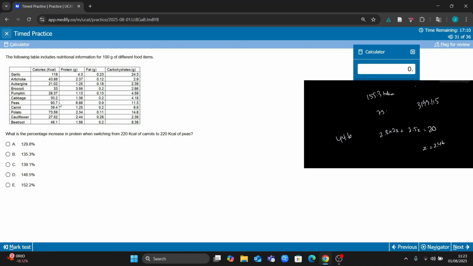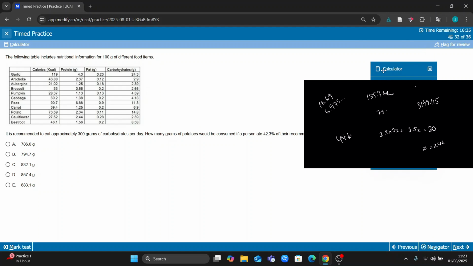So it's going to be 220 divided by 90.7 times 6.88, which is 16.69, and then 220 divided by 39.4 times 1.25, which is 6.979, so 16.69 minus 6.979, divided by 6.979, 139.1%.